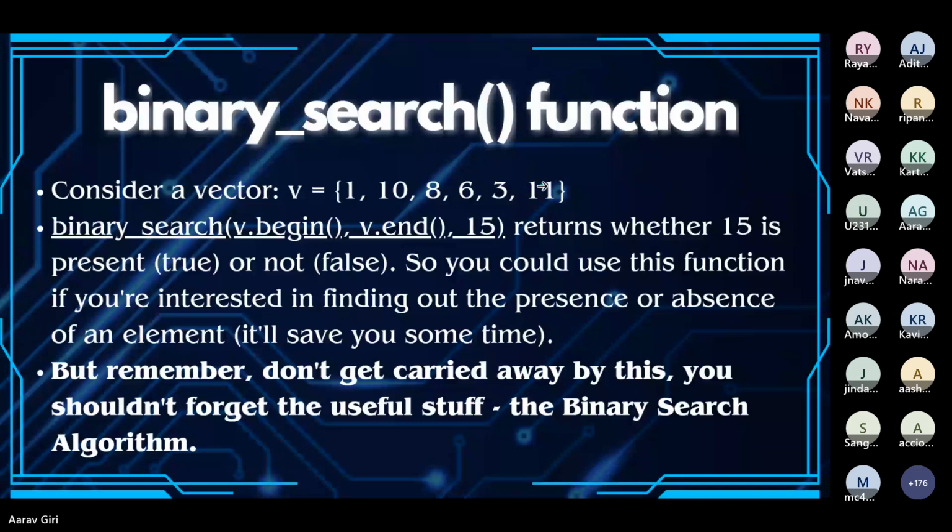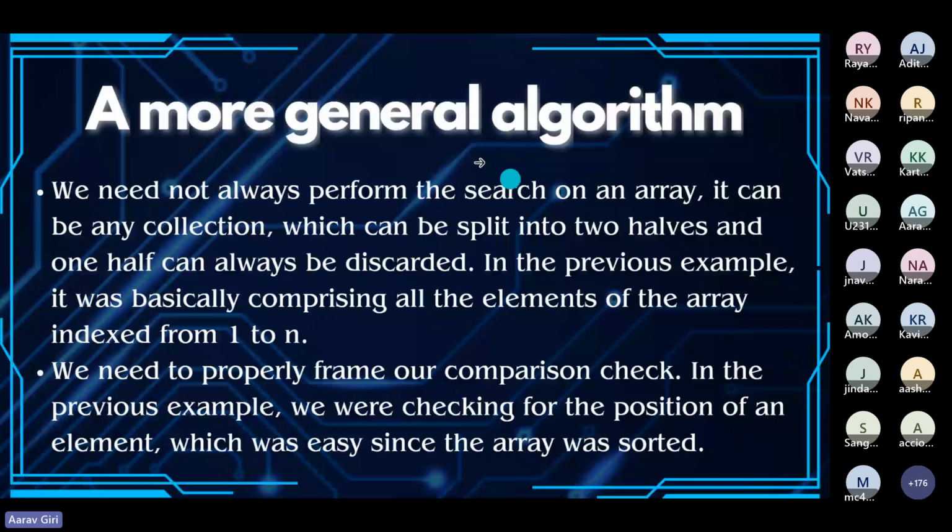A more general algorithm. I told you that we are generally dealing with arrays which are generally sorted. You have seen all our examples have been sorted arrays. We are splitting halves, comparing things and getting an element. But suppose we want something more general. We can actually do it on an array of numbers from 1 to n or 0 to n.